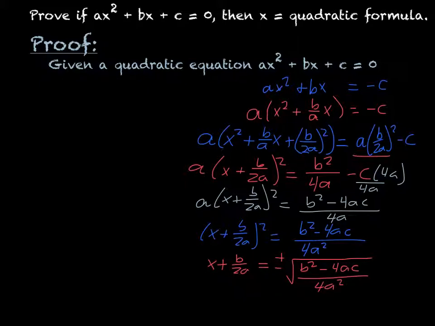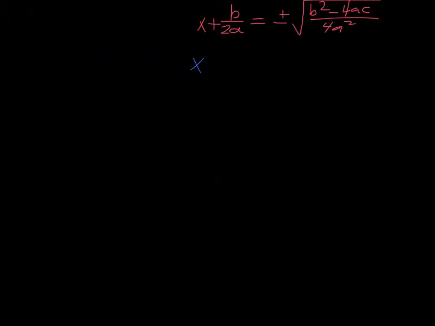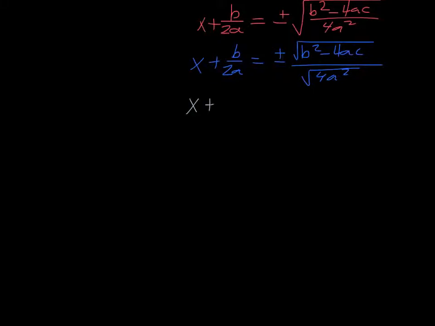And now if I split that square root in the numerator and the denominator, then I'm going to get x plus b over 2a equals positive or negative square root of b squared minus 4ac divided by the square root of 4a squared, which will simplify to x plus b over 2a equals positive or negative square root of b squared minus 4ac divided by 2a.